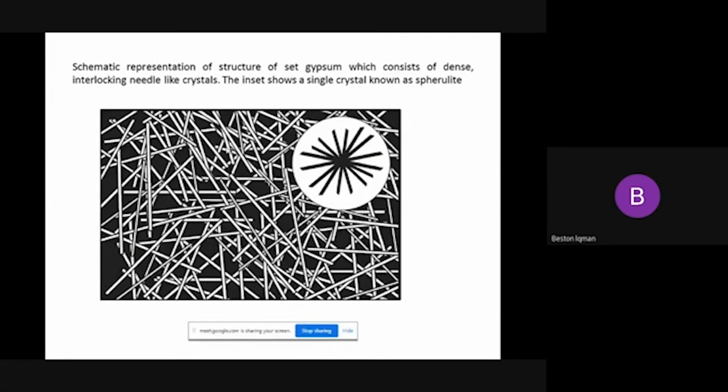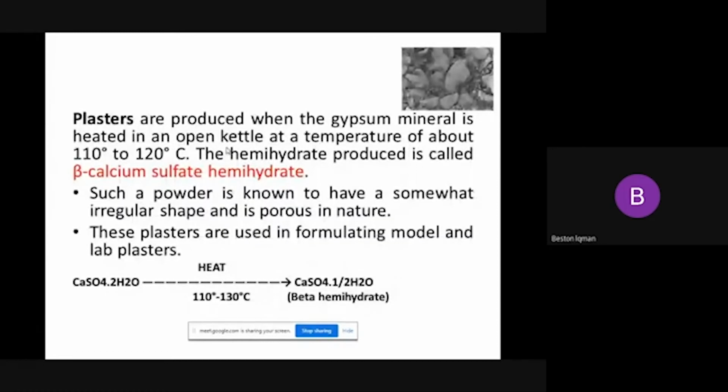Okay. First of all, the plaster: how is it produced? The plaster is produced when you place the gypsum in an open kettle at a temperature of about 120 Celsius.